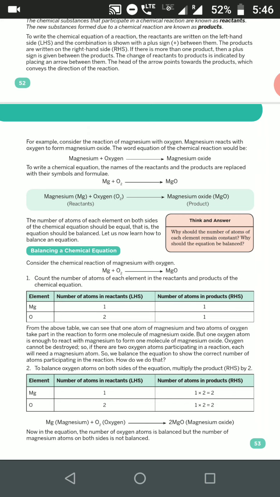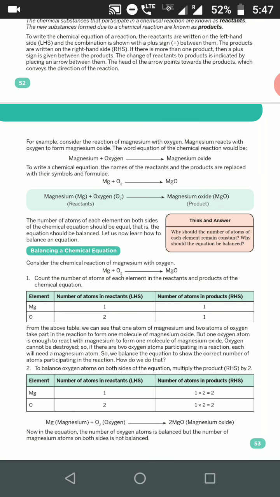Write 2 where MgO is written. Now the magnesium atoms become 2 on the product side, so you have to multiply the magnesium with 2 also. On the product side, 2 magnesium atoms and 2 oxygen atoms are there, but on the reactant side, only 1 magnesium atom and 2 oxygen atoms are there.